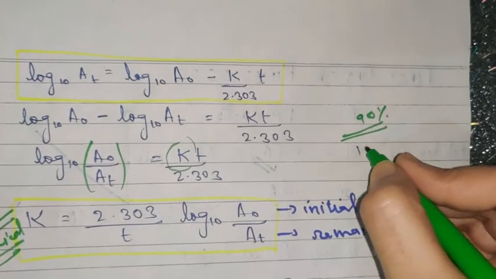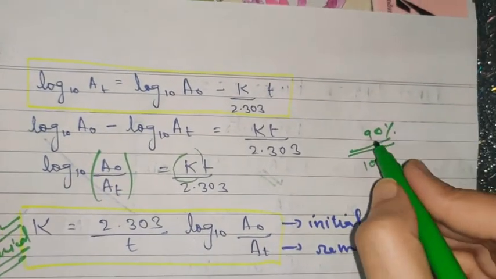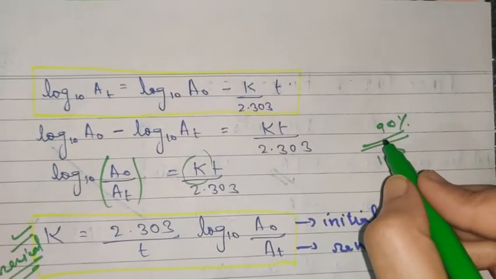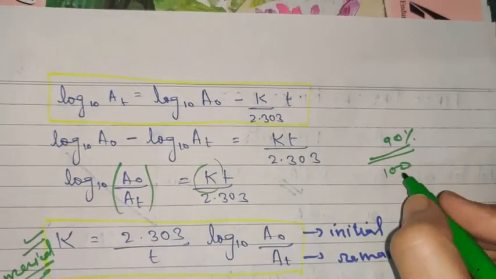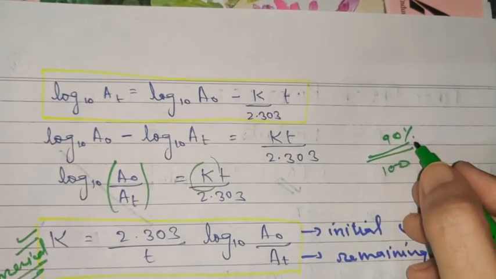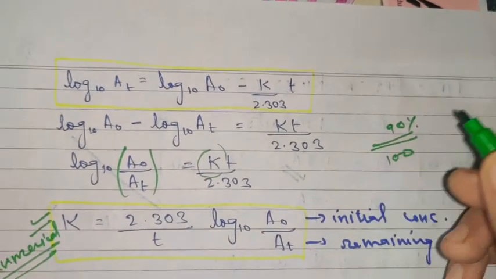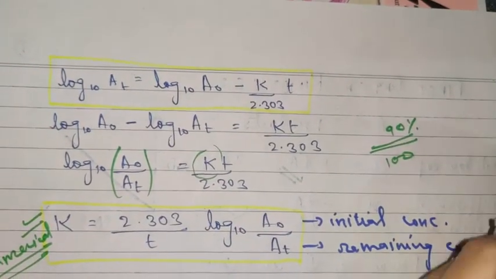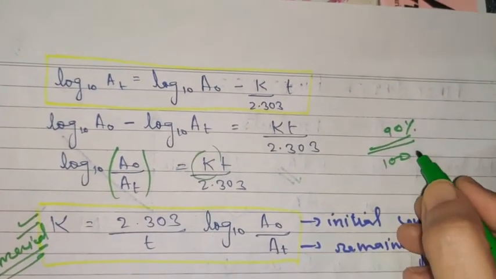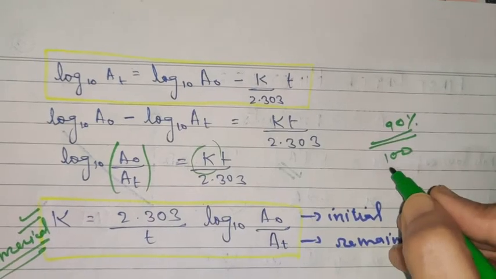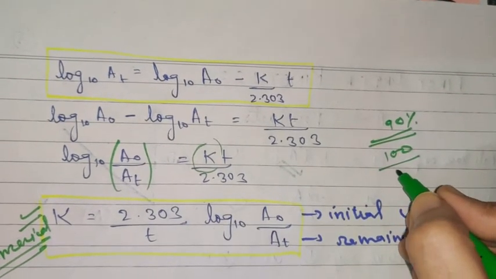Initially it must be 100%. If I say that a reaction is 90% completed, that means out of 100, 90% of the reactant has already undergone decomposition or whatever it is. Initial concentration will be 100 and the leftover will be 10.